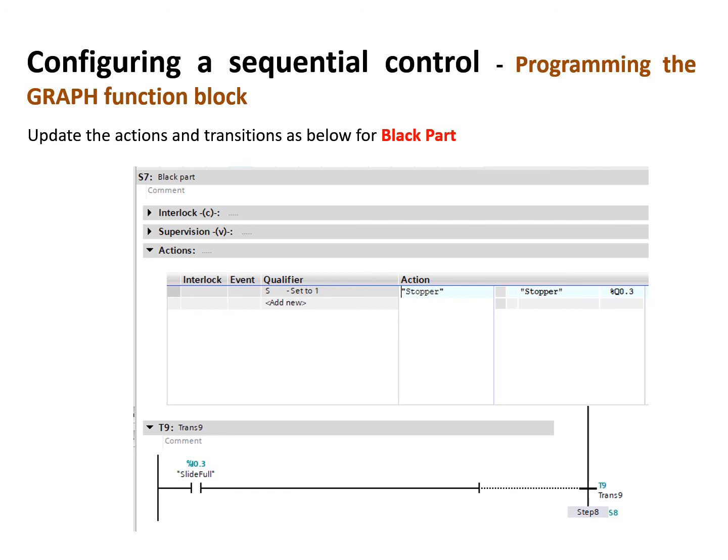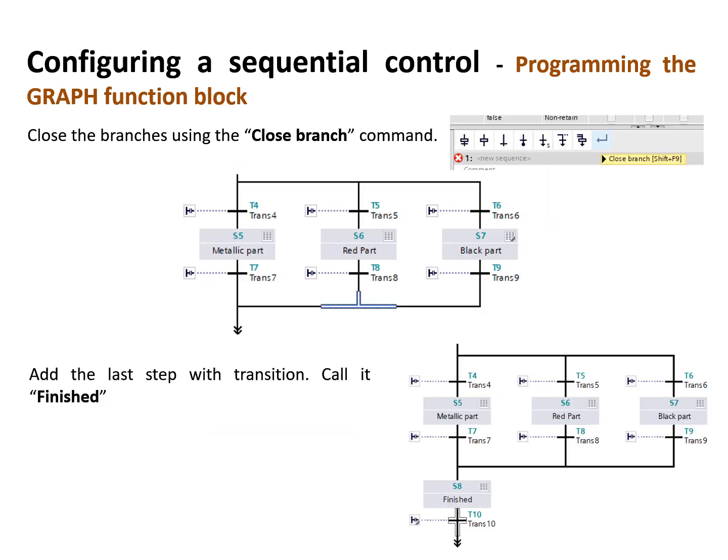Why don't we need to set any shunt? Because this is the last slide, and if the part goes on the conveyor to the end, it will basically fall into the last slide. And again for the transition, slide full sensor.